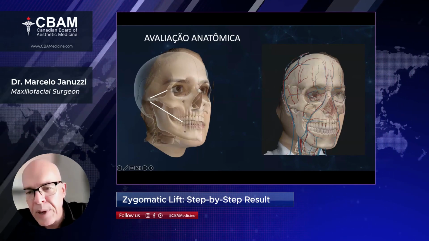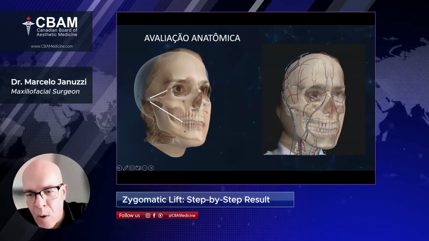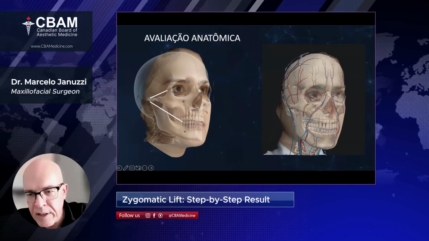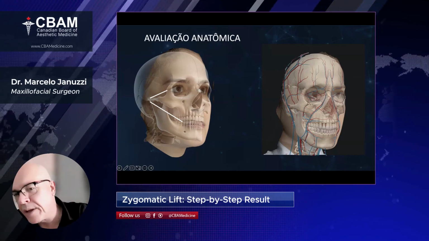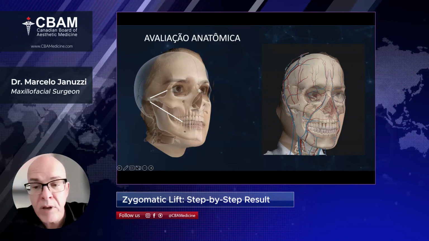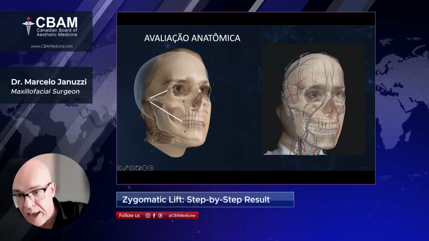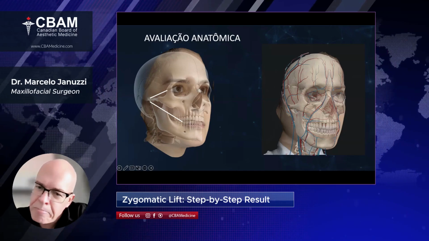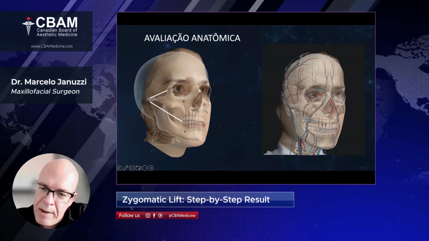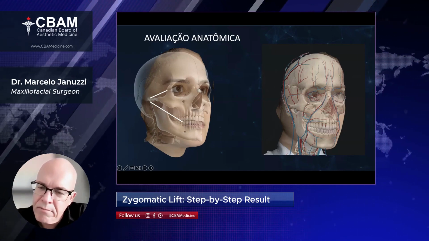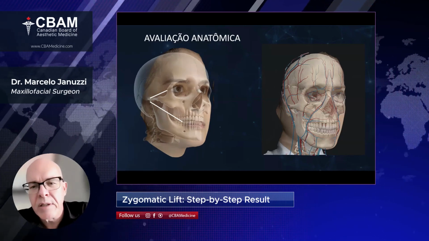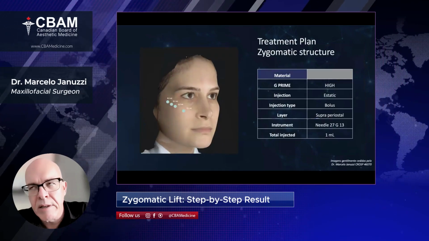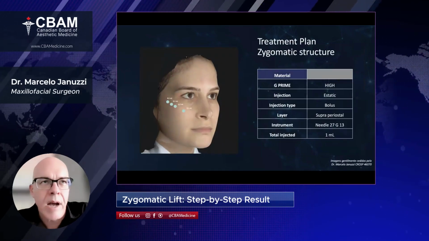And maybe we need to put our fillers here in the base of the infraorbital ring, supraperiosteally, here and here. So maxillary points are a little bit more important in those vascular aspects.